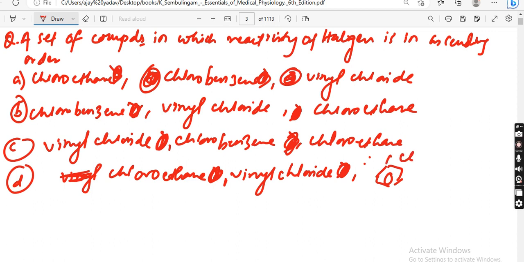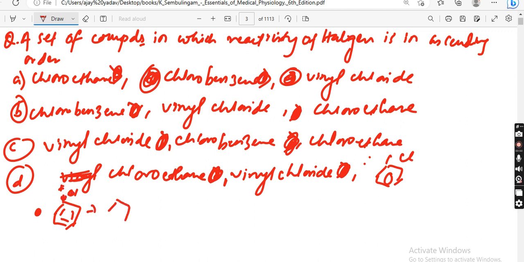So let us decide first. In chlorobenzene, when chlorine is removed from here, the positive charge is directly over here.